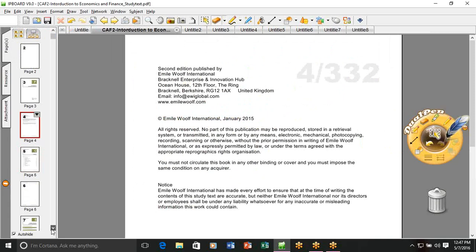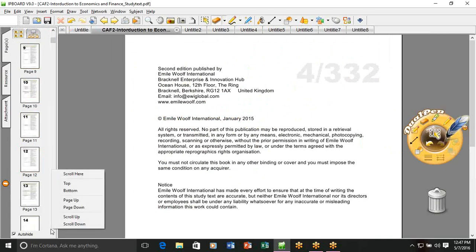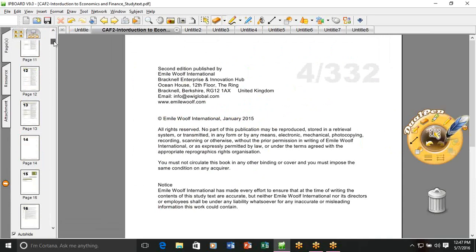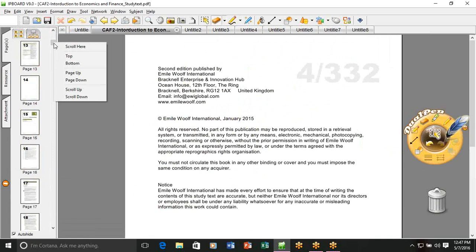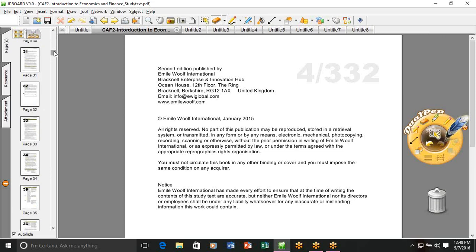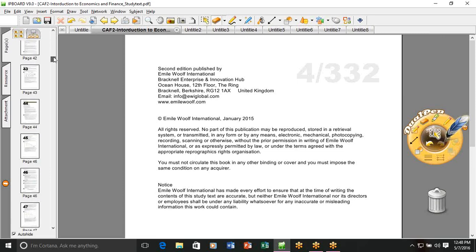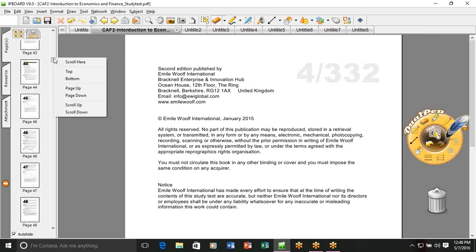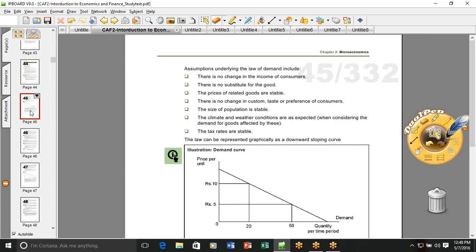Now we can go on book. Now we can open the pages.